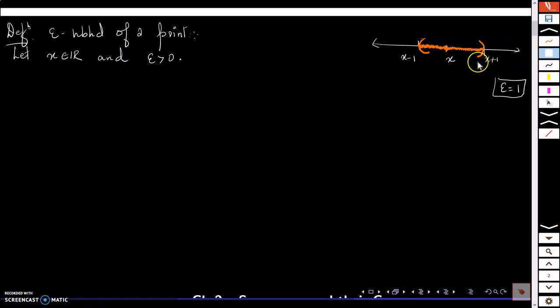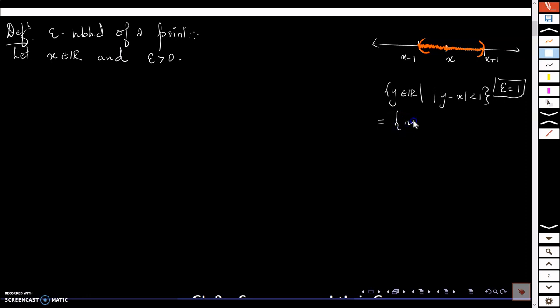I need points whose distance is strictly less than 1, right? So I'm collecting all the points y such that the distance of y from x is less than 1. This modulus of y minus x means geometrically the distance between the points x and y, right?